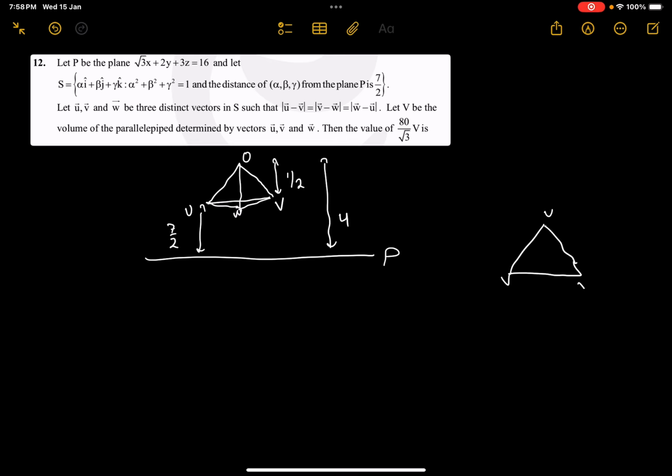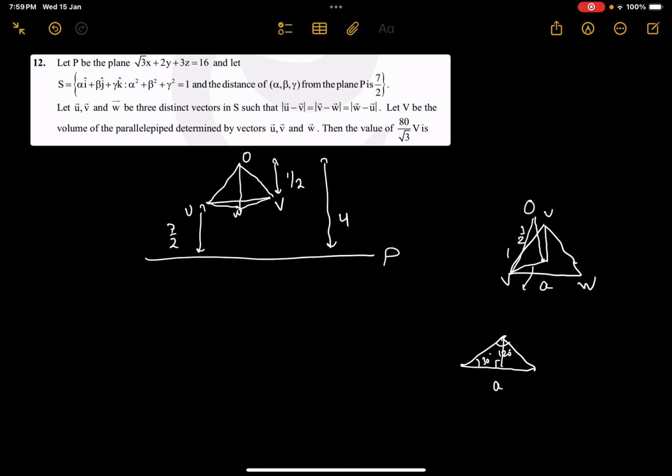This is UVW, and the distance of O from this is half, and this length is 1. So if the side length of UVW is A, then we have this A, this angle is 120 degree, so this is 90 degree, this is 30 degree.